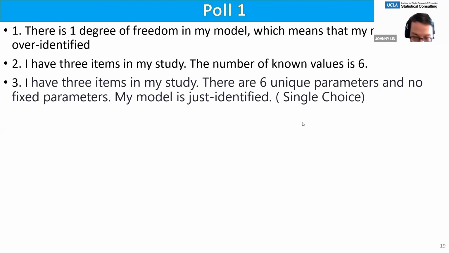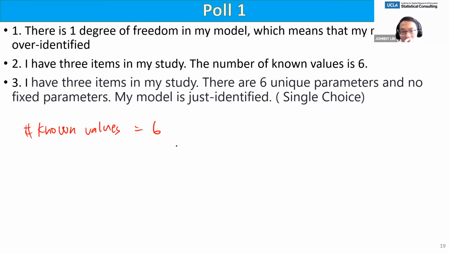The third one, maybe I tricked you or something because, and you tell me if I'm right or wrong, because maybe I missed something. But let me stop share. Okay. So it says I have 3 items in my study. So first of all, I know from 2 that the number of known values is 6, right? Okay.